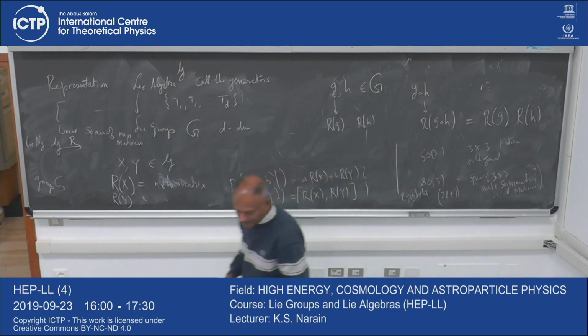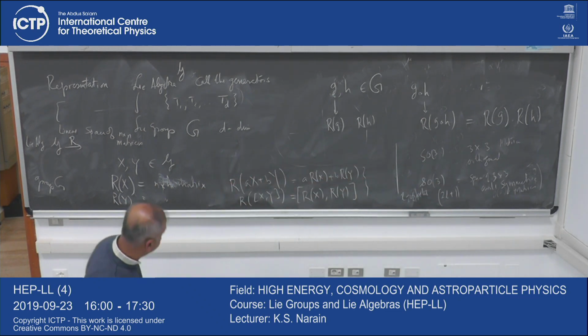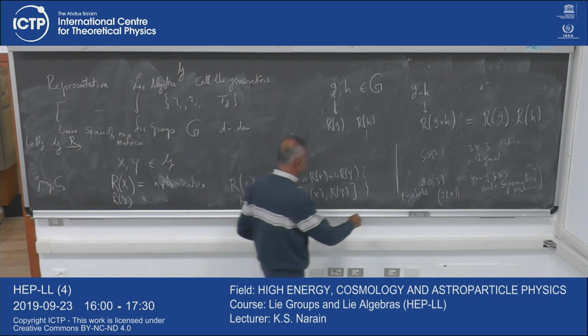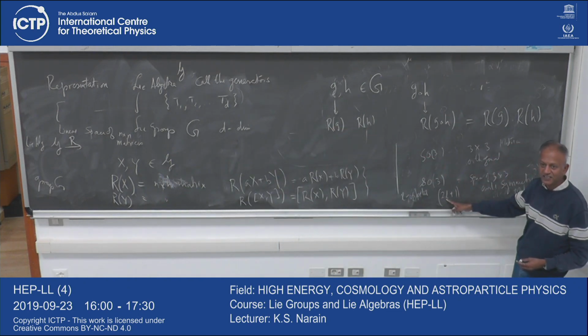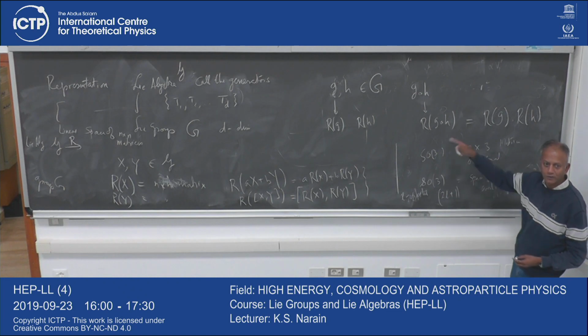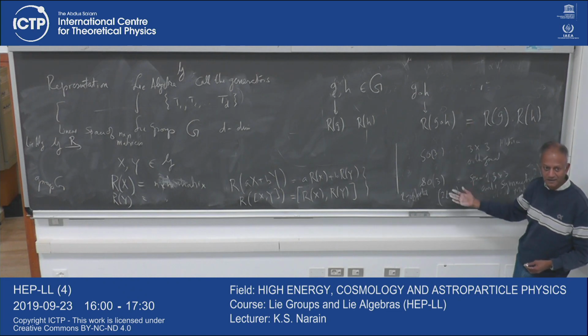Okay, so let's now go on. There are lots of representations, as you already see here. For any integer L, so 0, 1, 2, 3, there is a representation, in fact an irreducible one, and these are different representations.